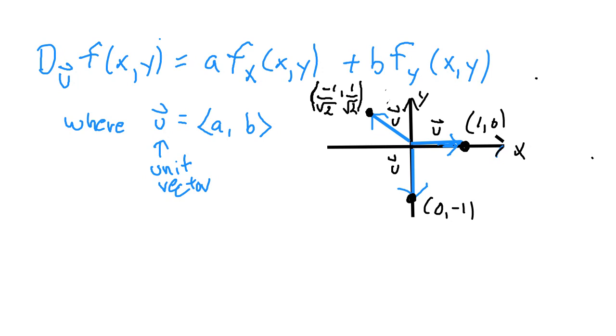Okay, so for example, let's say that you wanted the directional derivative of a function in the direction of the vector 0, 1.